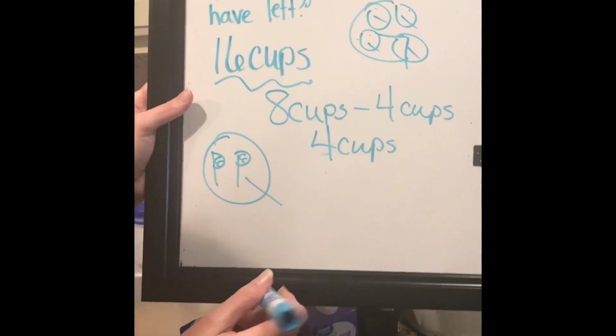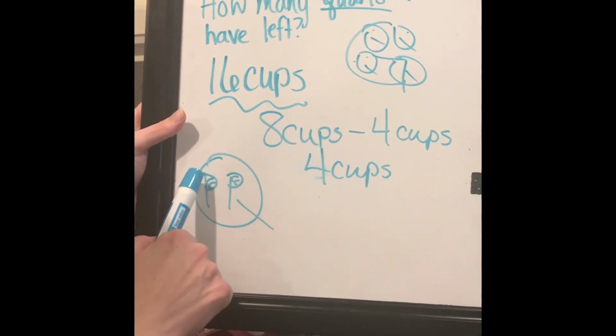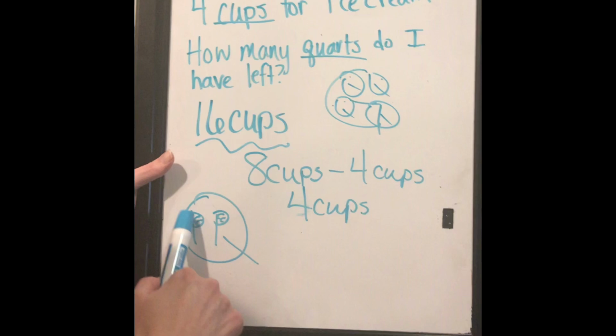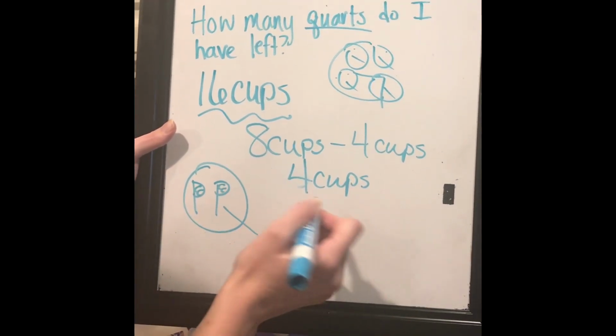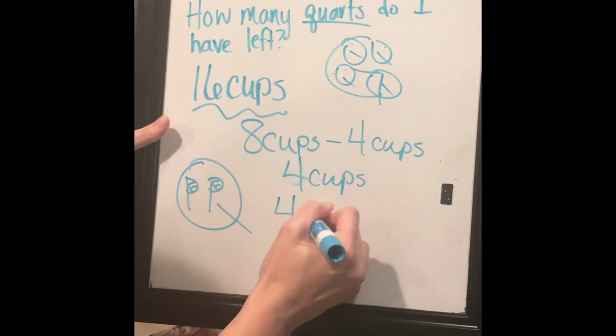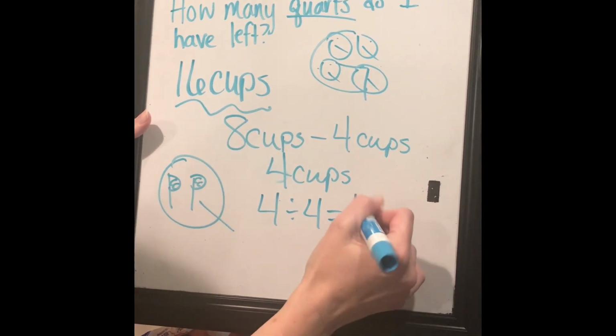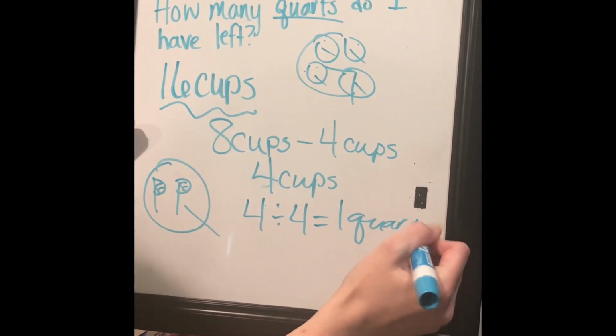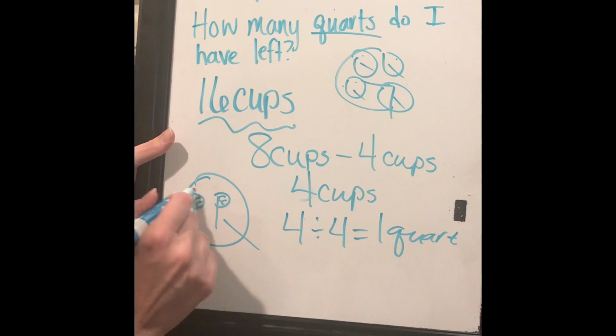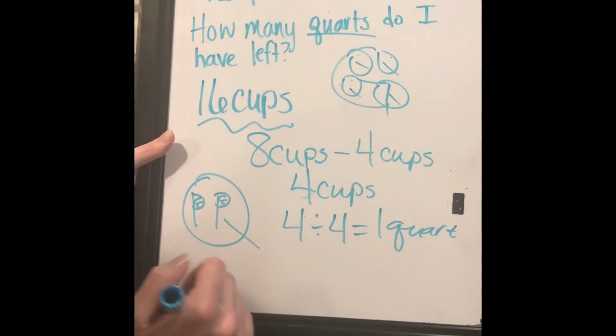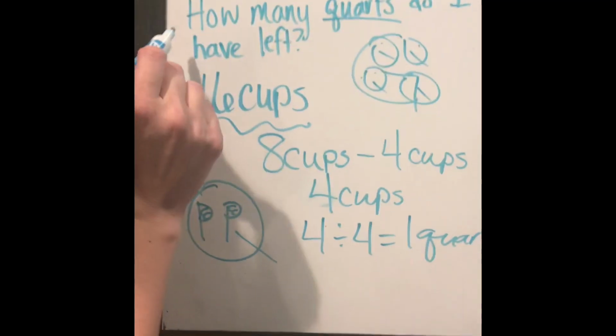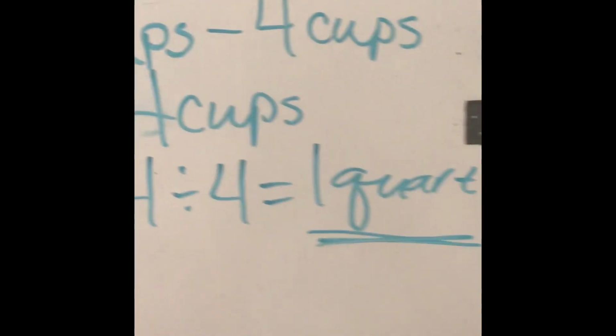So that can help me to see that I'm going to have 4 cups in 1 quart. So 4 divided by 4 gives me 1 quart. Or, just by looking at the diagram, I can see that 4 cups is equal to 1 quart. So the answer to my question, how many quarts do I have left? I would have 1 quart of milk left.